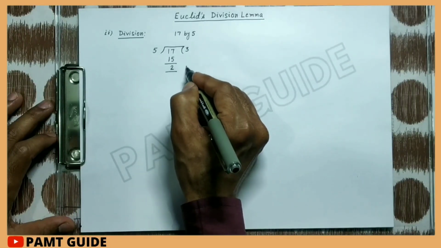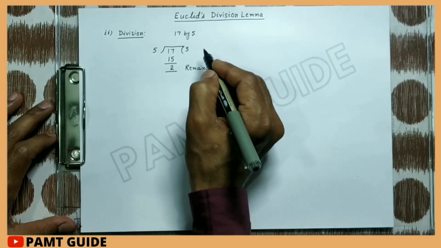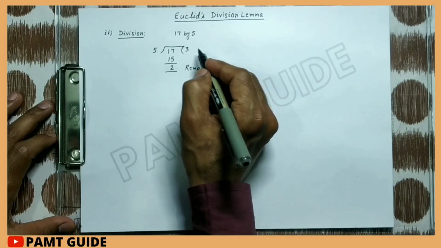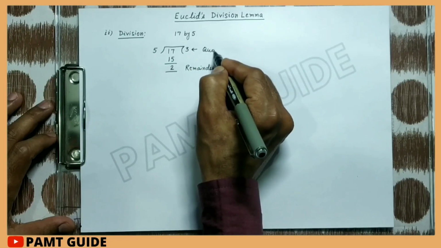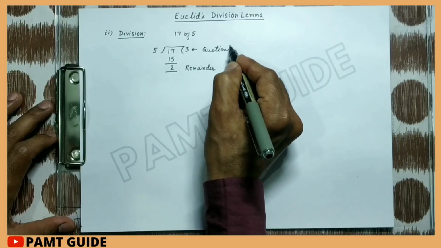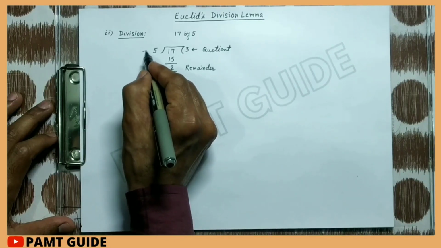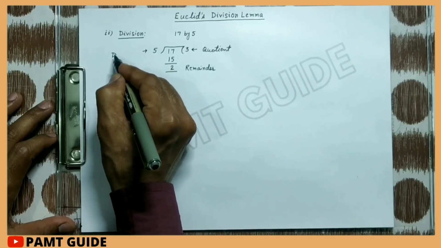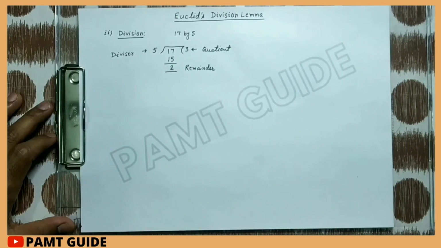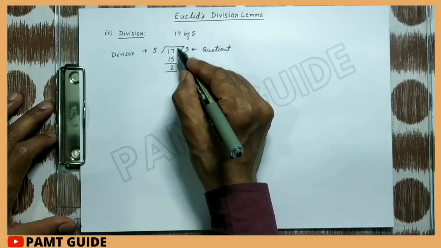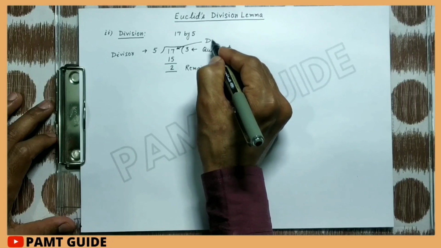So 2 is the remainder, 3 is the quotient, 5 is the divisor, and 17 is the dividend.